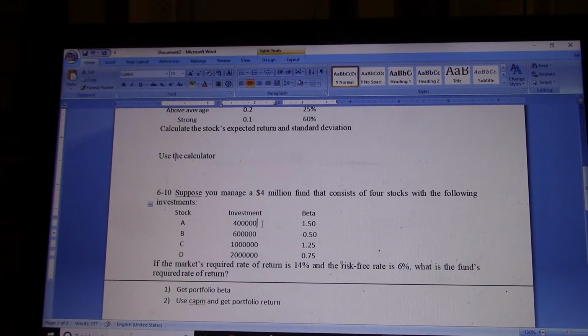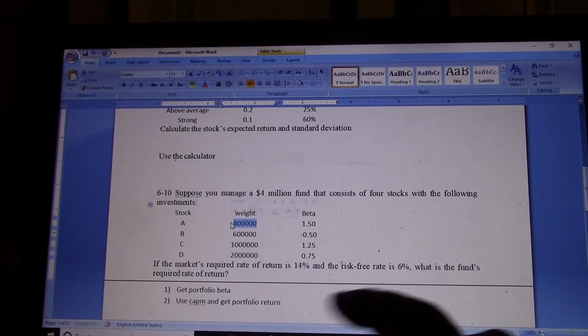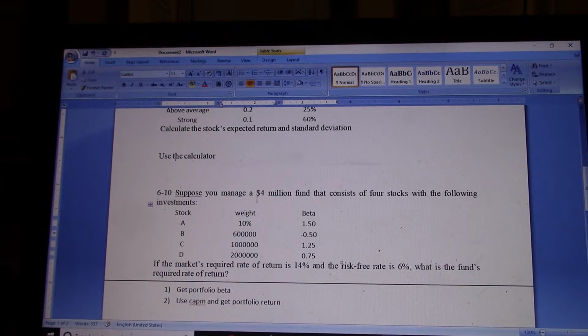So you should calculate the weight. Let me change this. It seems like it's 10%. Take the amount and divide by the total 4 million. So 15%, and this should be 25%, and this should be 50%. So these are the weights.